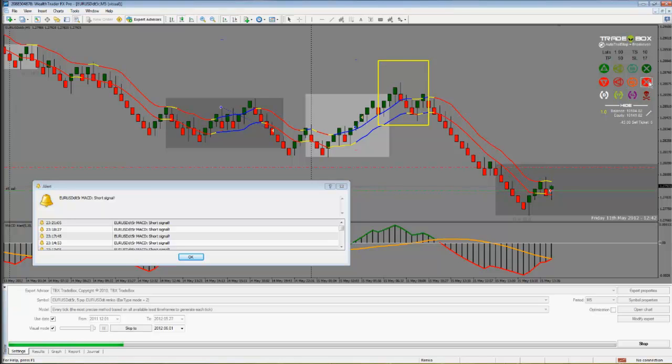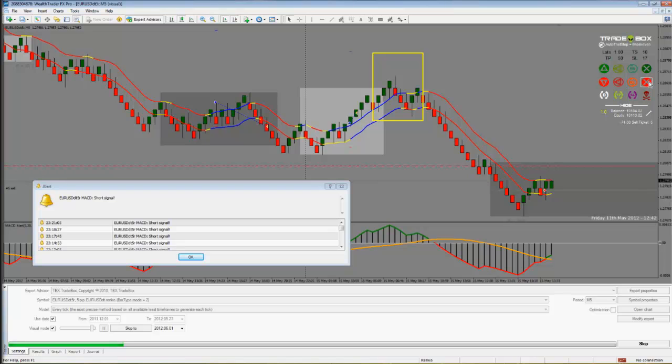And we'll get ready to close out of it if it starts to go above and close above it.